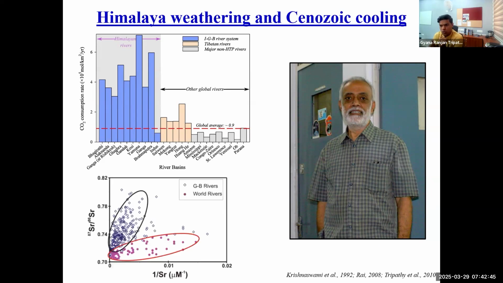And they also showed that the 87/86 ratio, which is used in the previous plot for seawater, is much higher for the Ganga Brahmaputra river system compared to world rivers. So possibly the growth of 87/86 was linked to Himalayan rivers.